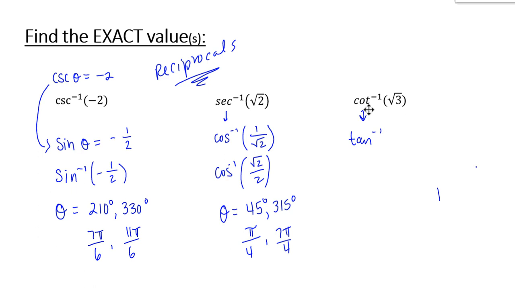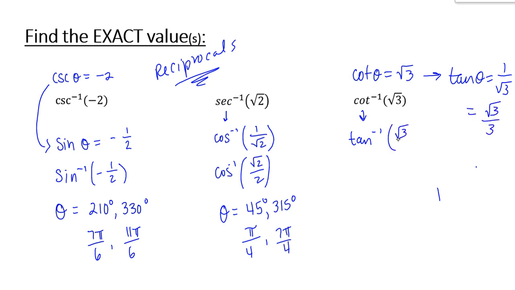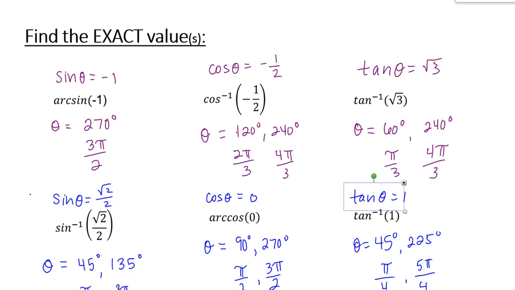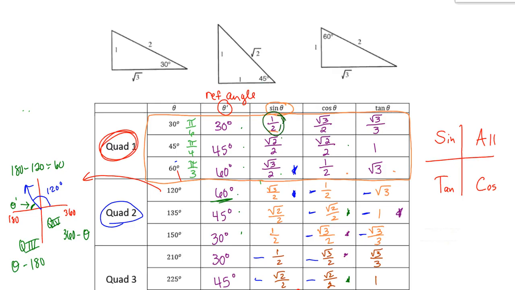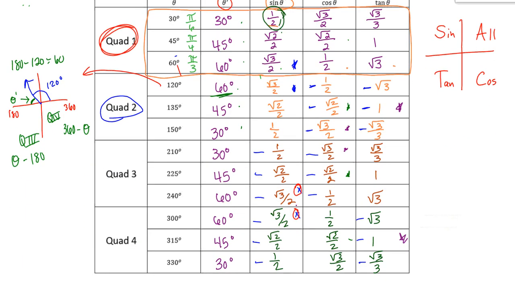So inverse cotangent means the cotangent of some angle was the square root of 3, which means the tangent of that same angle was 1 over square root of 3, or square root of 3 over 3. Okay, looking at our table, we find that square root of 3 over 3 positive happens at 30 degrees and 210 degrees.